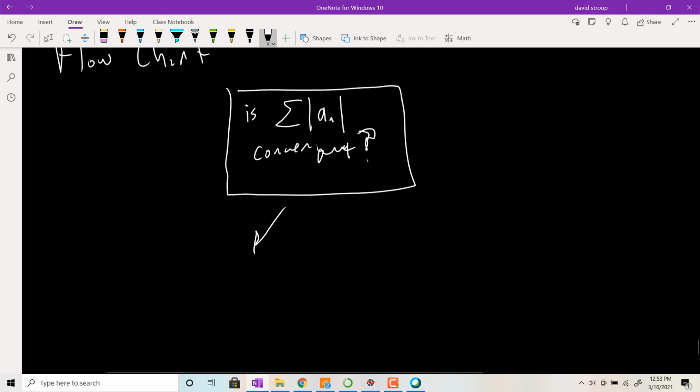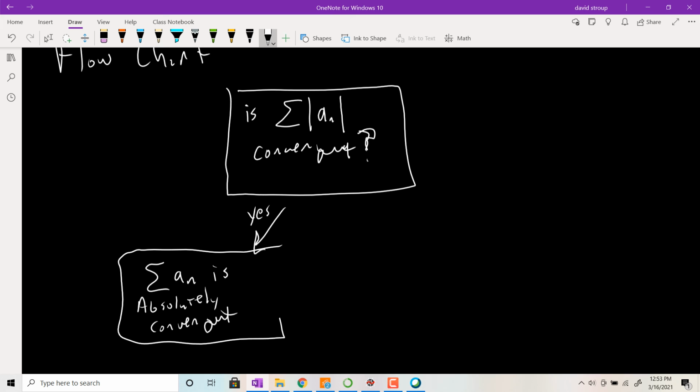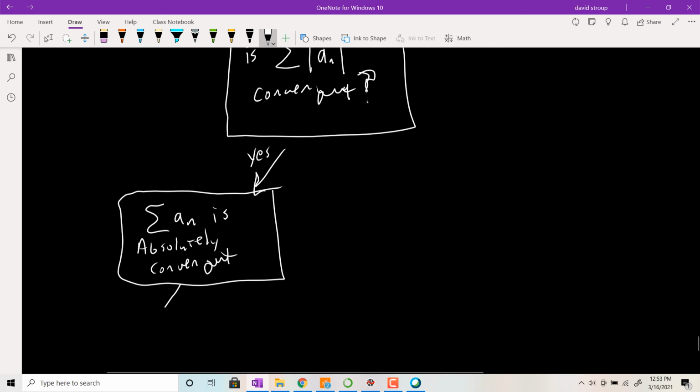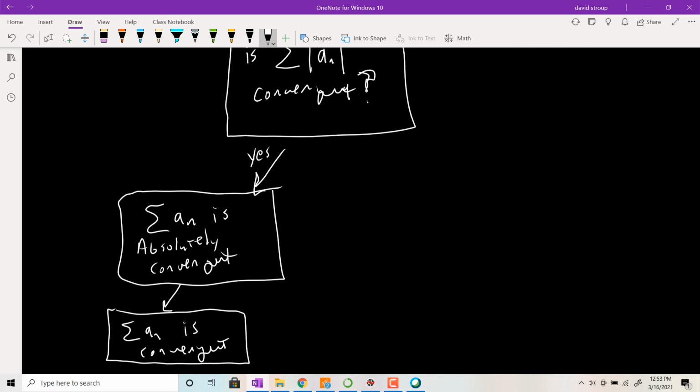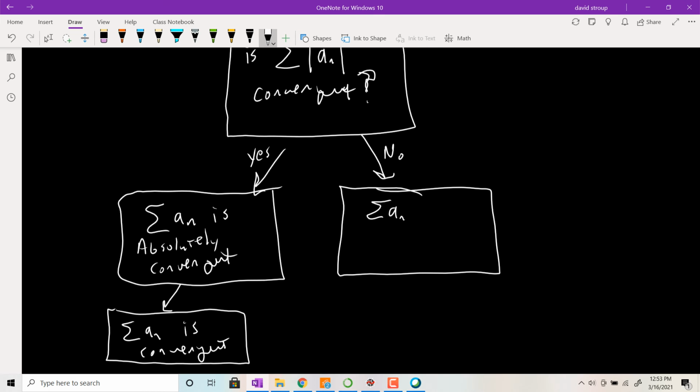And if yes, then the original series a sub n is absolutely convergent. And of course, then the series is convergent as well. If you want to write that, you can. Absolutely convergent is kind of like a more powerful type of convergence. And then no. If no, then you go and analyze the normal series as it's written.